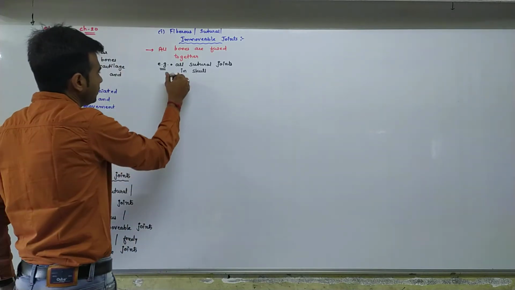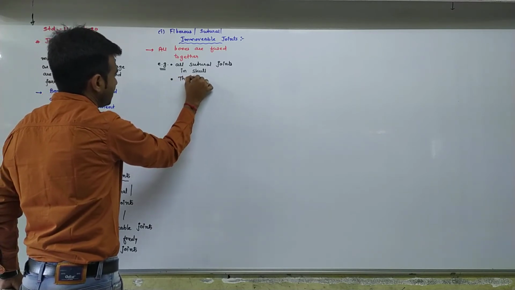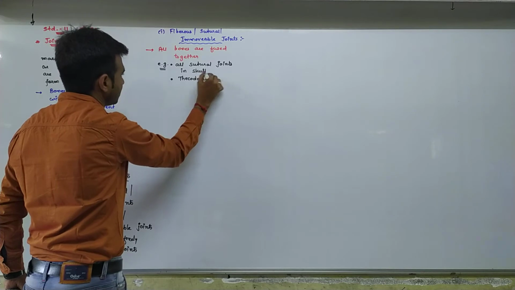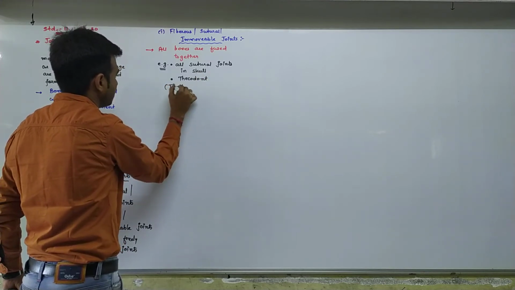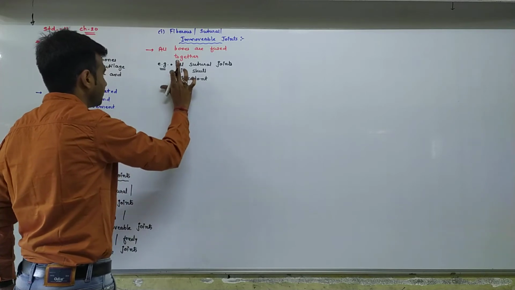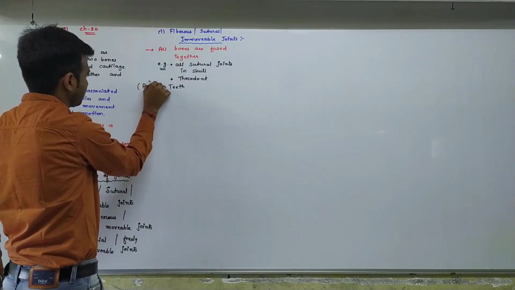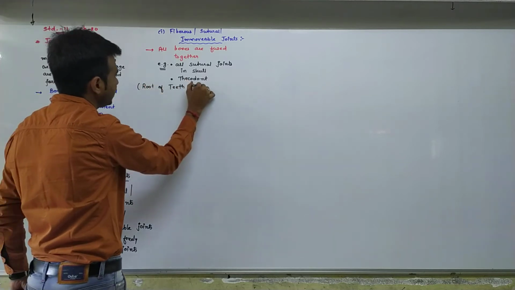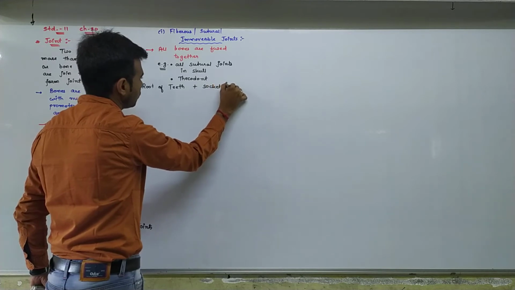Along with that, thecodont teeth, the root of teeth and socket of jaw.